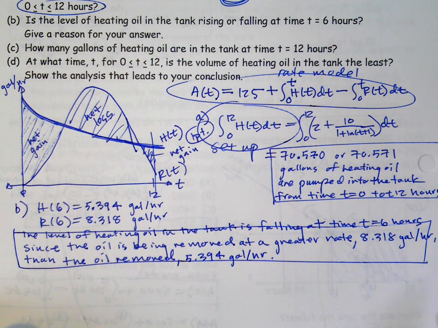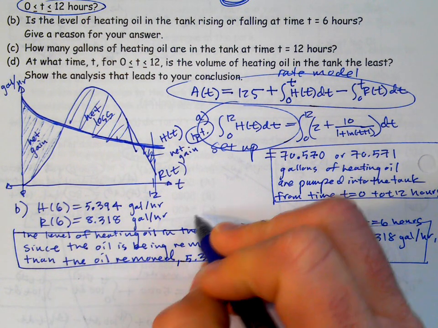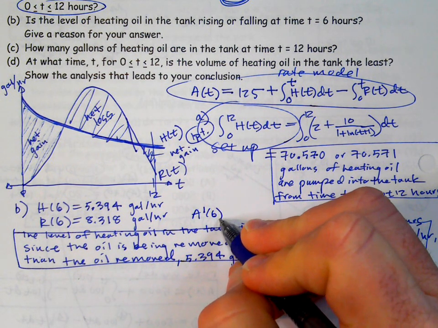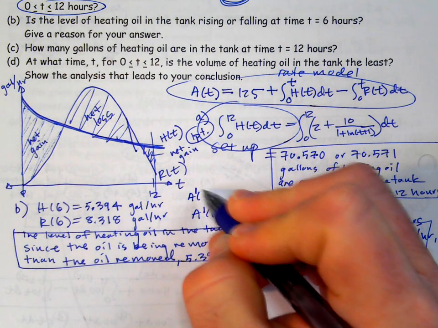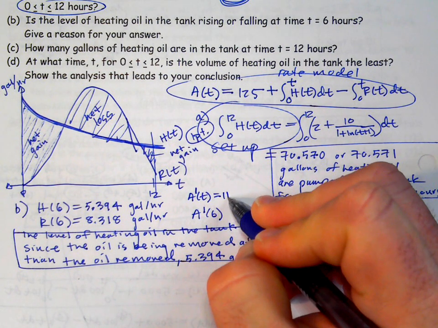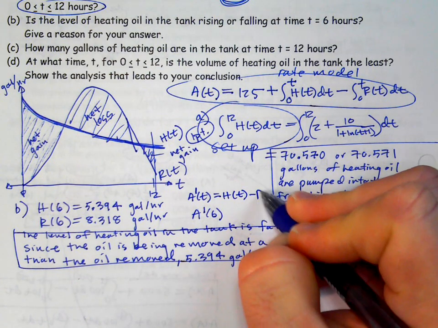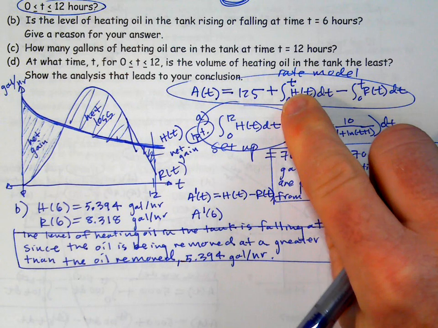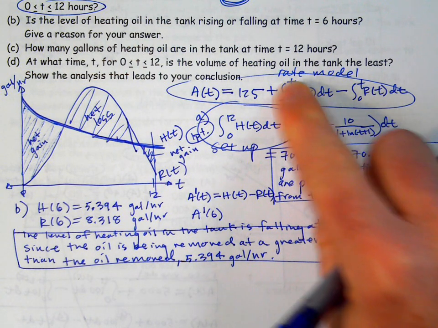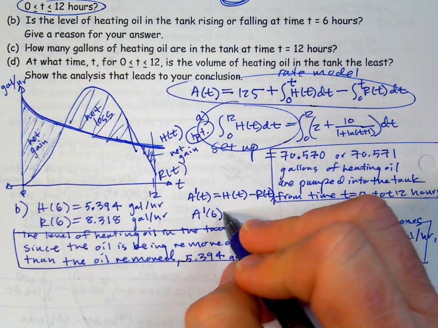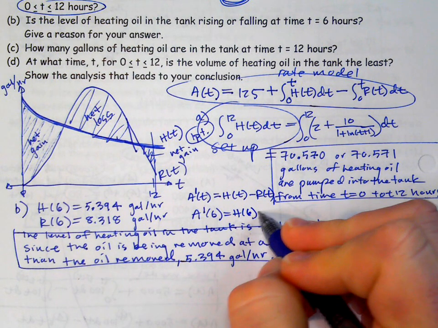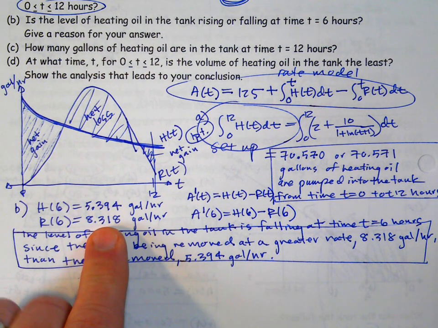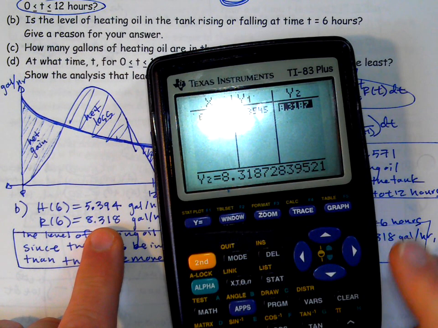Now, there are other ways you could have answered it. You could have actually said, what's the overall rate at time 6? And so the overall rate, and we wrote this before, is going to end up being the entering rate minus the leaving rate. When you take the derivative of your rate model, that goes to 0. Fundamental Theorem of Calculus part 2 ends up just giving me H(t) minus R(t). So you could do this and calculate this value instead, and it would involve these numbers right here, but you would subtract them.